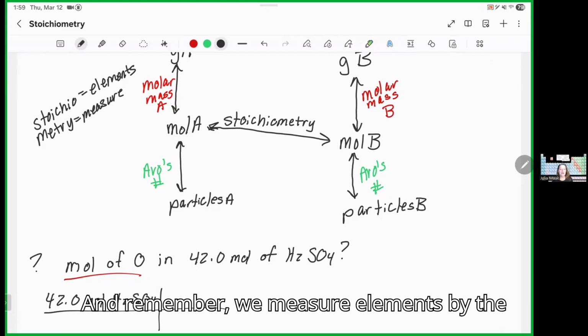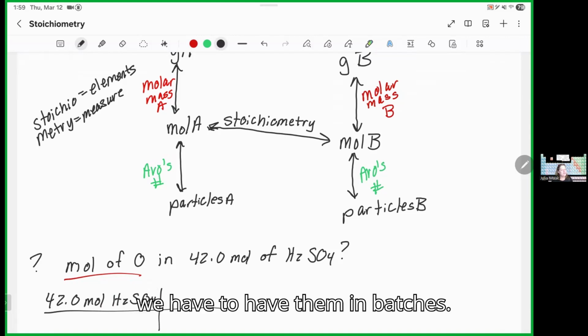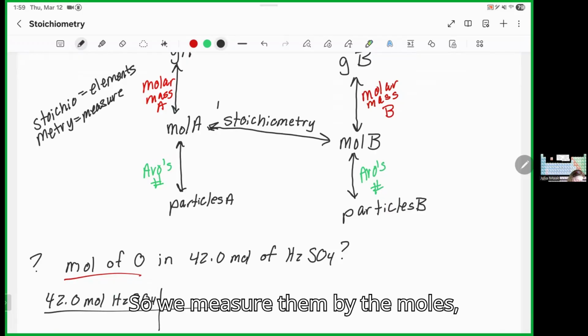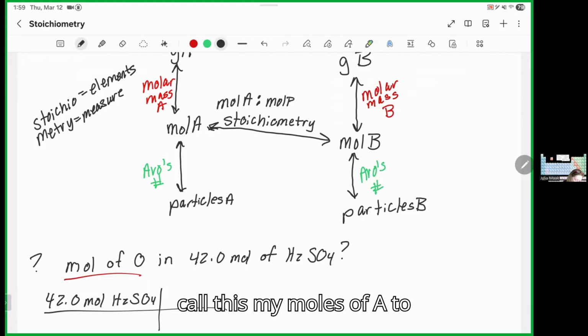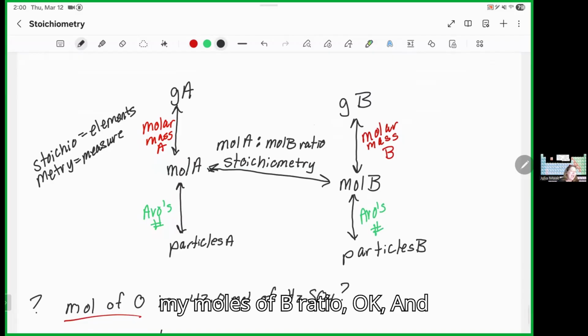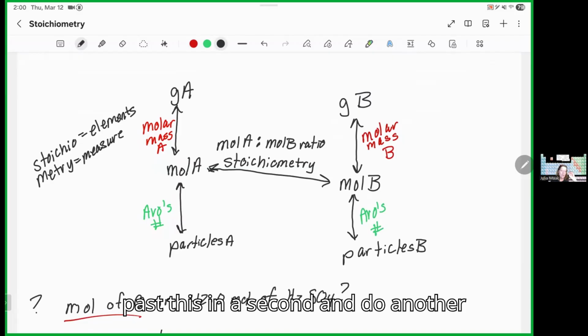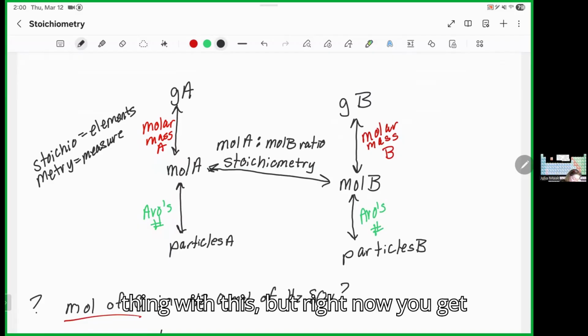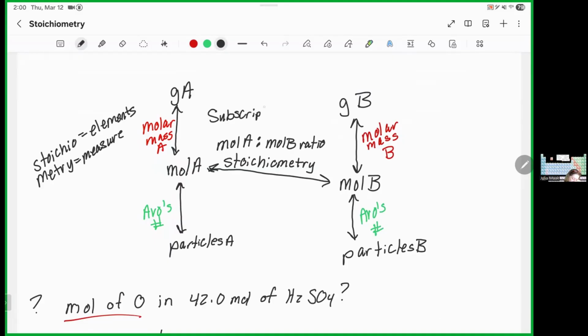And remember, we measure elements by the moles, because they're so small, we have to have them in batches. So that's our stoichiometry. I call this my moles of A to my moles of B ratio. Right now, we're going to move past this in a second and do another thing with this, but right now, you get that information from the subscripts in your formula.